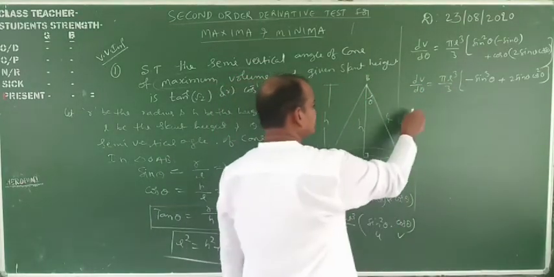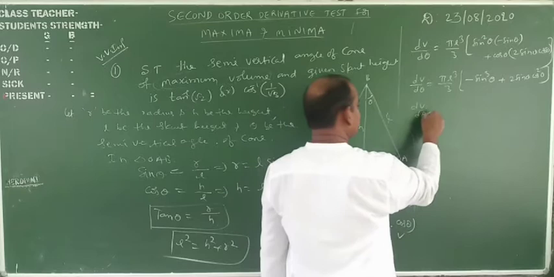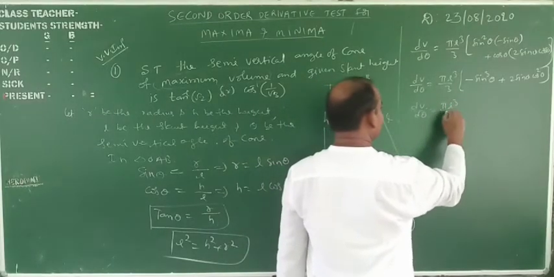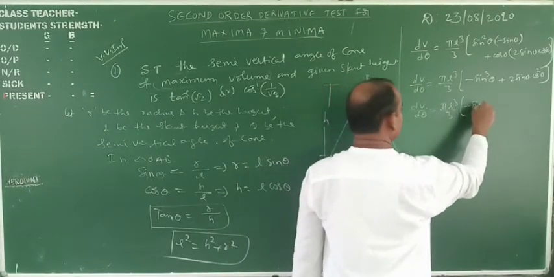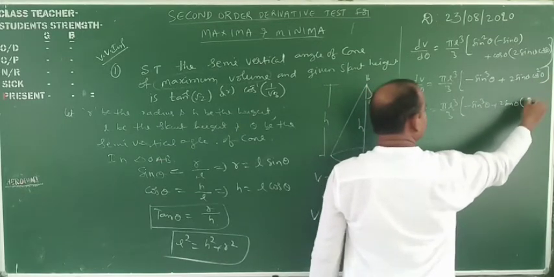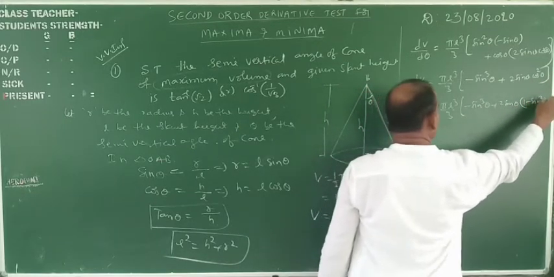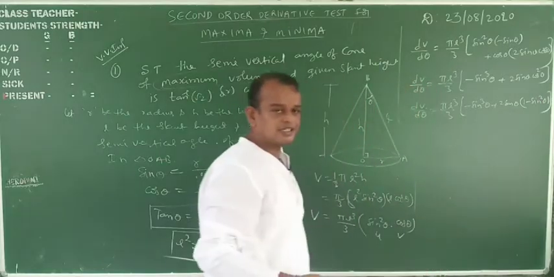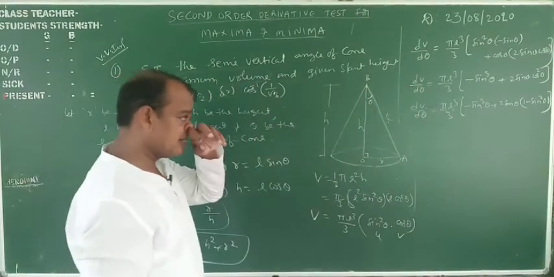Next step, you write pi L cube by 3 into minus sin cube theta plus 2 sin theta into cos square theta, which is 1 minus sin square theta. You will find the second order derivative 100%, that's why you write cos square theta as 1 minus sin square theta.